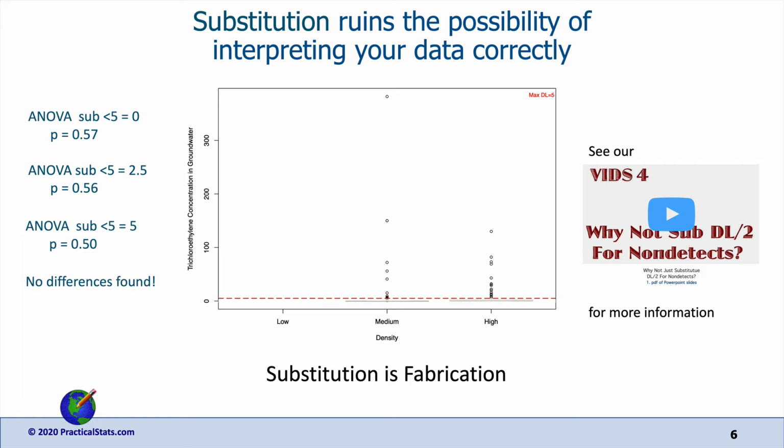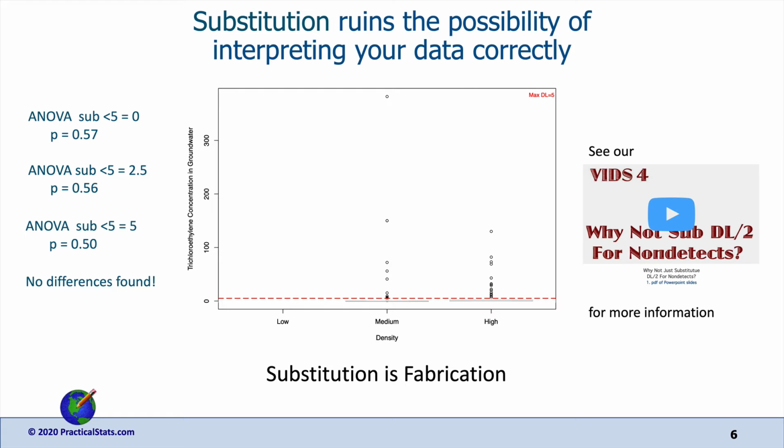What information content do they have? What you don't want to do is what the early guidance said, to substitute 1/2 the detection limit or any other fraction of the detection limit. If you want to know why, there's another video on this page that will tell you why not to substitute 1/2 the detection limit for non-detects. But the short answer is when you do that, and I've done that here, and run an analysis of variance on those 3 groups, none of the tests, no matter what you substitute in, finds a difference.